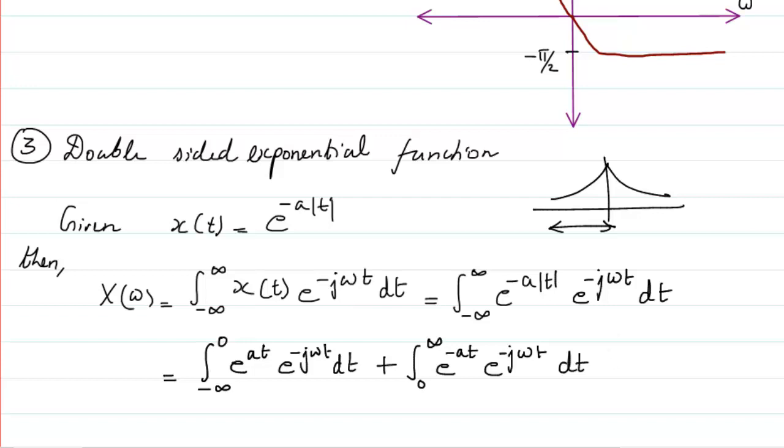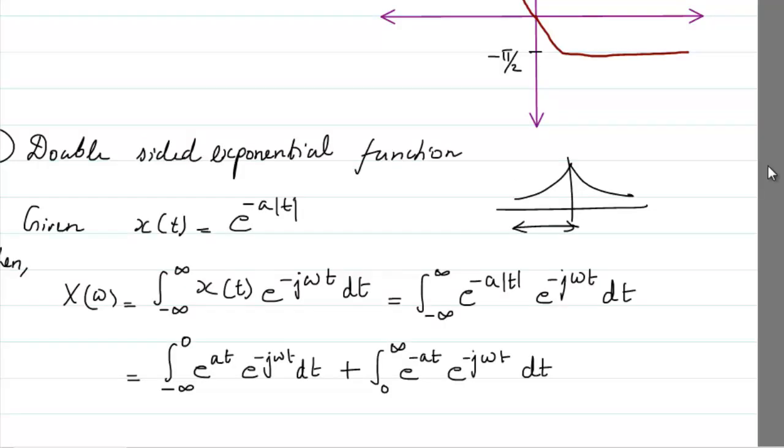From which I can write x of omega as the integral from minus infinity to 0, sorry, not infinity to infinity. Then I'm going to multiply both of these.